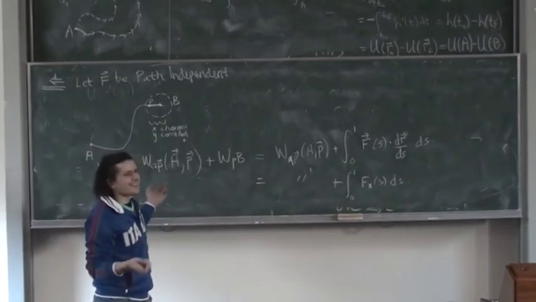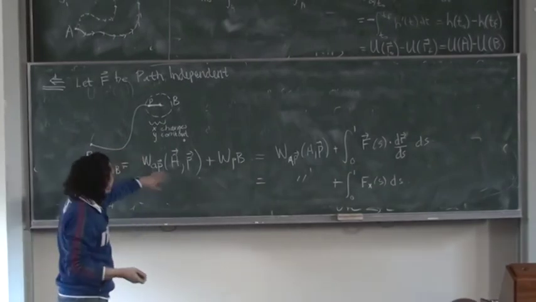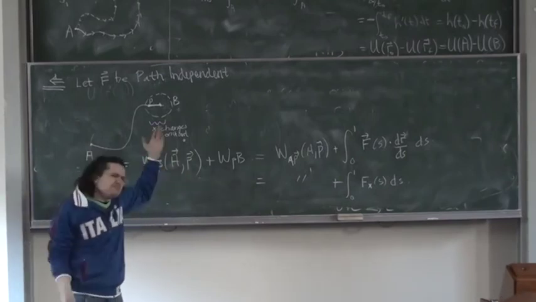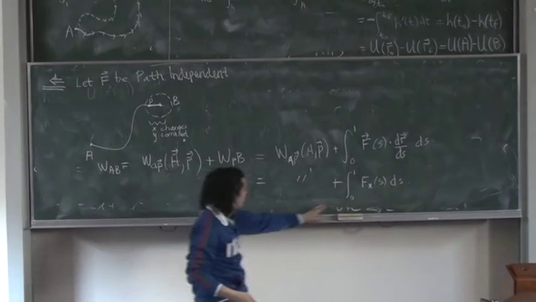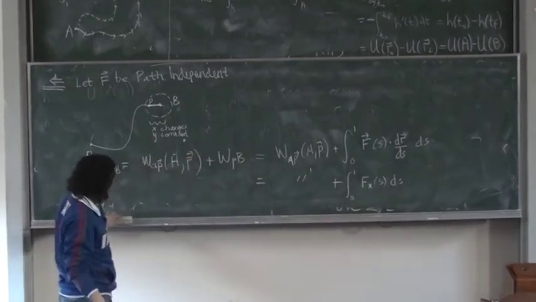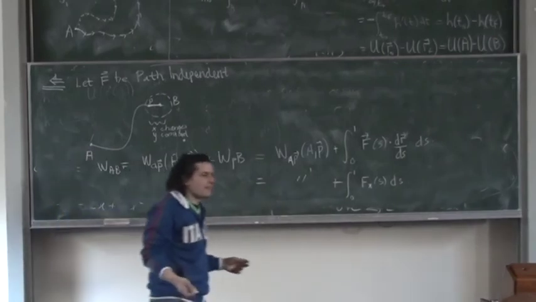Good point. Look, the arrow is just to say that A is a point in space. It's a vector. Yeah, I suppose you can take the arrow away.